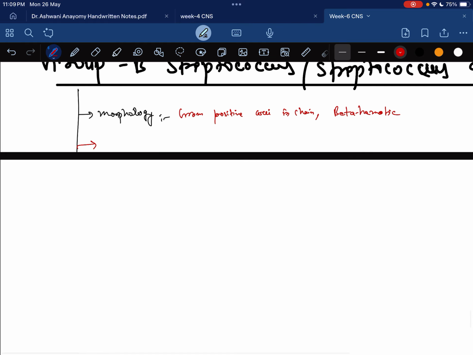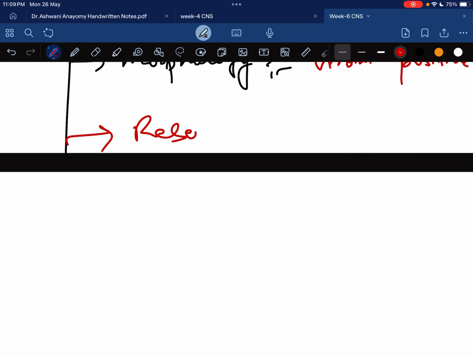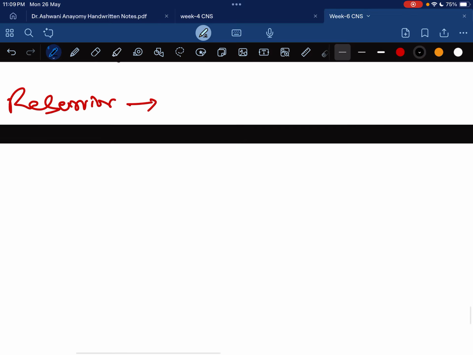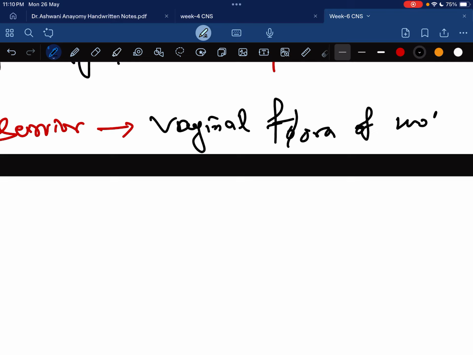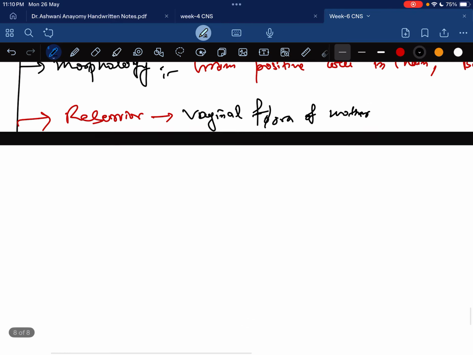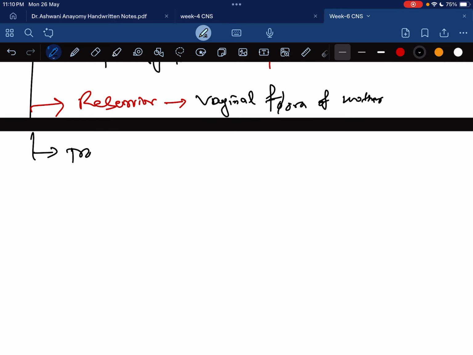When we look for the reservoir, this is mainly found in the vaginal flora of the mother. Transmission is during childbirth.